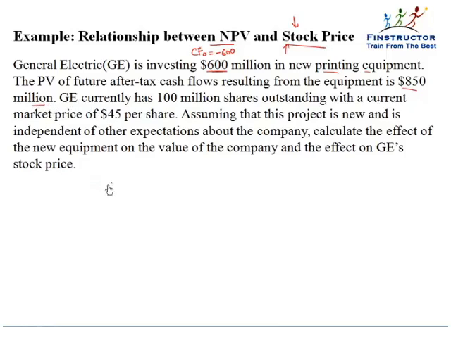So what is the NPV of the project? The present value of cash inflows minus the present value of the cash outflows would be 850 minus 600. That is $250 million is the NPV of the new printing equipment.